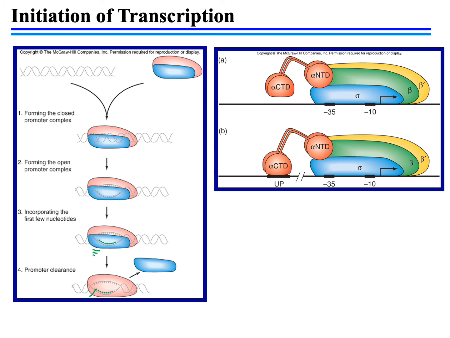What happens is the holoenzyme very loosely binds to the DNA, and that's because the sigma factor interacts with those core promoter sequences that we just talked about previously. The sigma factor locates the promoter, and once that association occurs, the helicase begins to unwind the DNA.